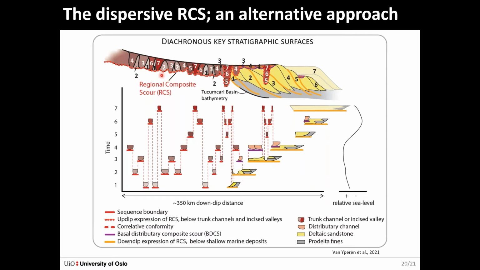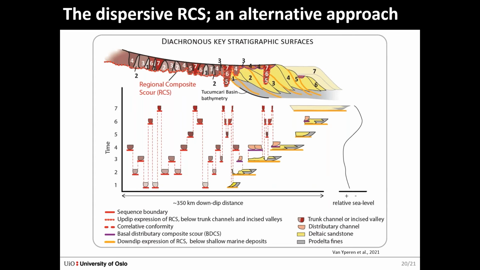This implies that this regional composite scour disperses into several surfaces, so we cannot have one correlative surface. Another important consequence is that we don't need a second sequence boundary to explain these incised valleys, and this has quite big implications for how we understand the basin infill, because using a second sequence boundary would imply a second drop in sea level.